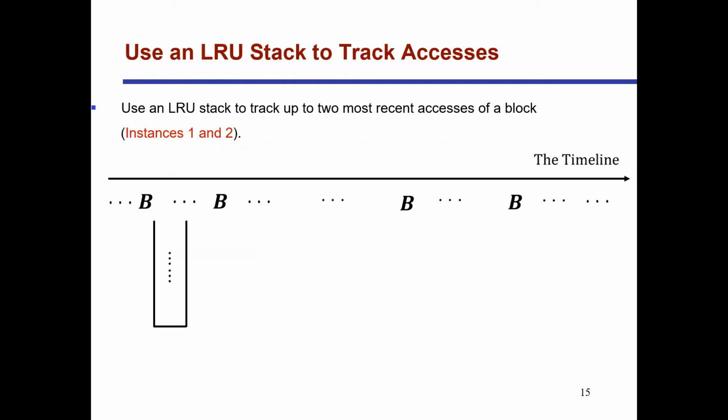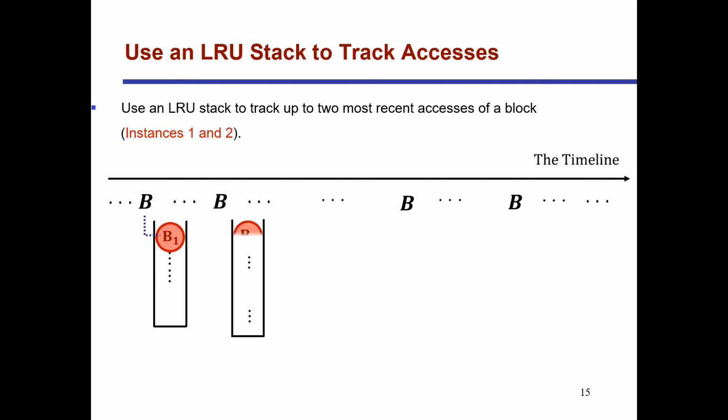Now let me use an example to illustrate operations in LIRS2. We use an LRU stack to track up to two most recent accesses of a block, named instance 1 and instance 2. Assume there is a block access sequence where block B is accessed multiple times. After the first access of block B, B1, the first instance of block B, is pushed into the stack.